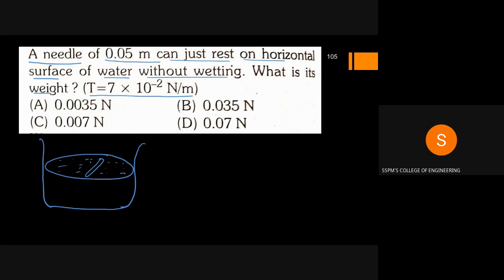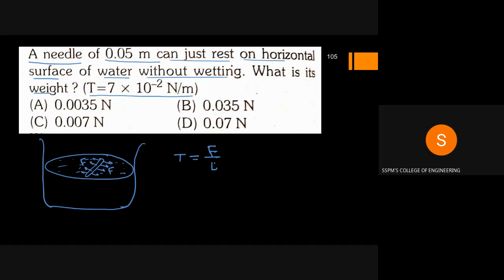So when the needle is floating, the liquid will offer the surface tension. Okay, so for surface tension, we have the formula T equals force upon L. Okay, so this is the force of surface tension.